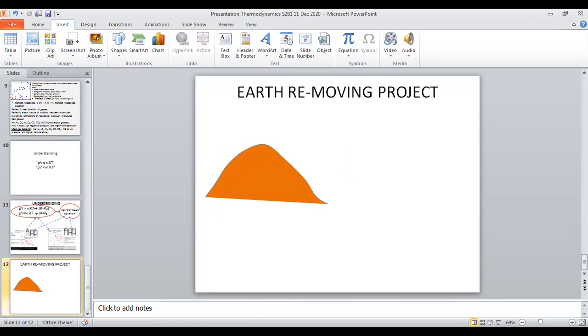Okay, high-rise building. So high-rise building, let me see. This is the building.